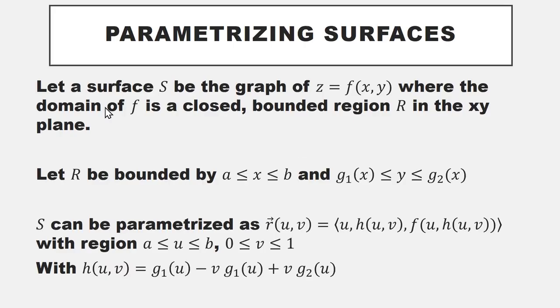So whenever we have a surface that is the graph of some z equals a function of x and y, where the domain is a closed bounded region in the XY plane, and that domain is having x values between numerical values and y values between functions of x's, then we can parameterize our surface that way.